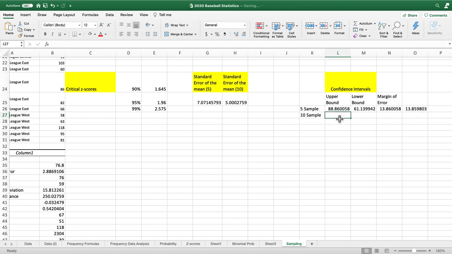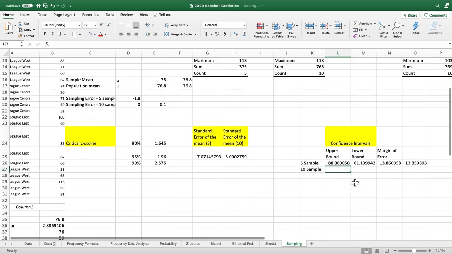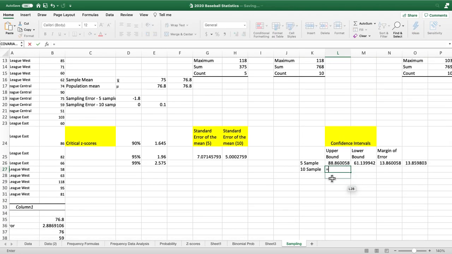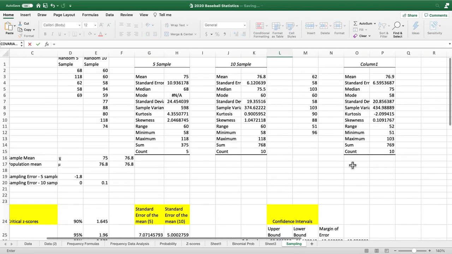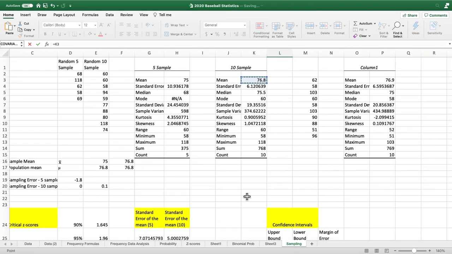Now we repeat that process with our sample of 10. We take, again, equals our sample mean, which for our 10 sample was about 76.8.